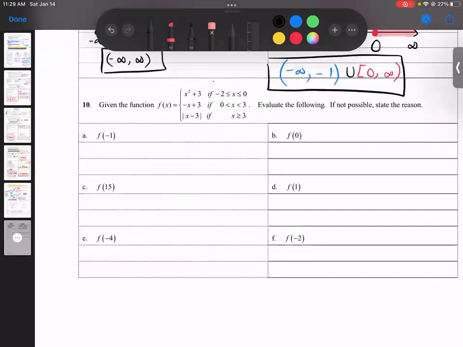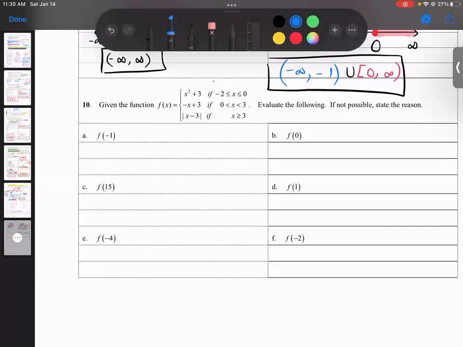Number 10, they want you to evaluate the function given an input value. F of -1. In order to do this, you have to find which domain the input belongs to.